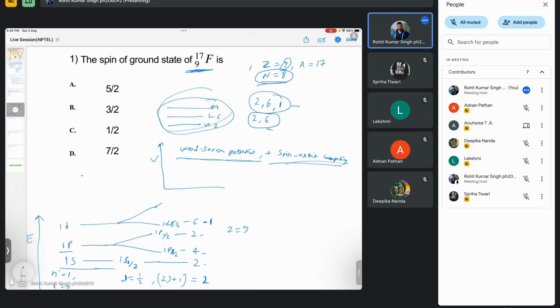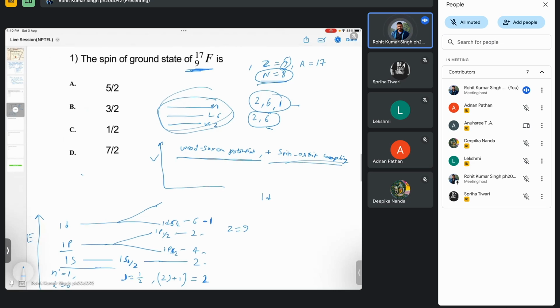So the unpaired proton will be in the 1d 5 by 2 state. Okay, what does that mean?